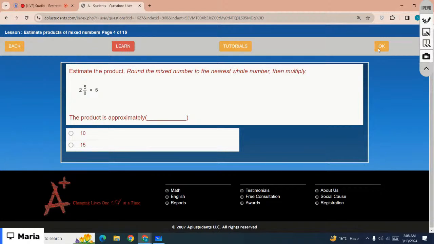So you round up, and it would be rounded off to 3. So 3 times 5 equals 15. The correct option is 15.